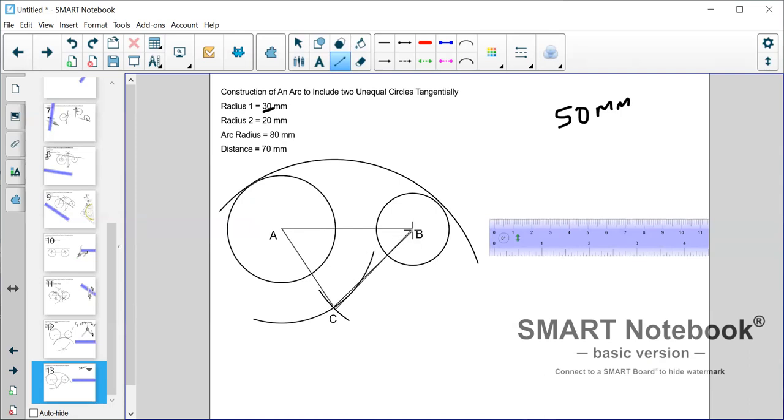And now when that additional radius from B to this point is added, which is 20, 60 plus 20 will give you back the 80. Likewise, 50 plus the 30 will give you back 80. So once you open to 80, it's supposed to naturally touch these two circles. All right, so that's just the concept behind this construction.